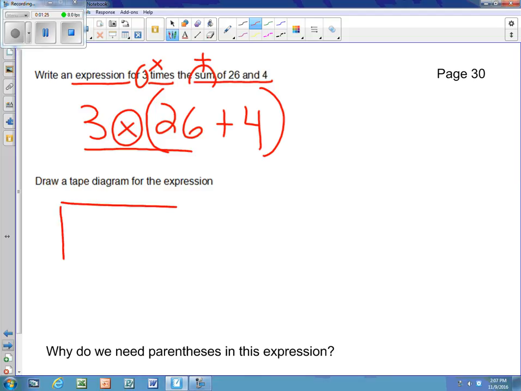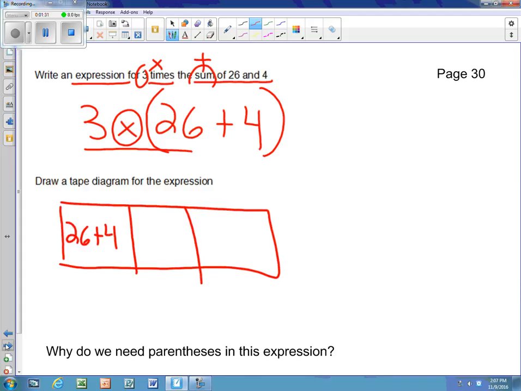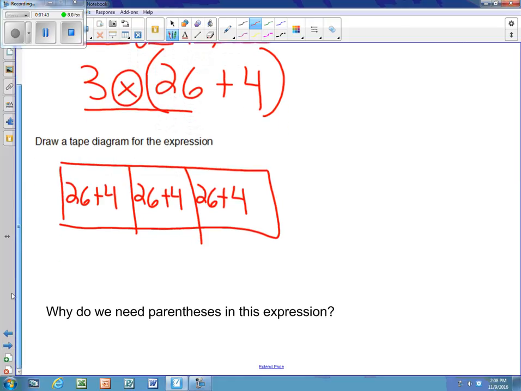And an example of a tape diagram for this, I'm going to split it into 3 sections. And I'm going to put the sum in each section because I'm doing 3 times that sum. But I'm actually writing the problem of 26 plus 4 instead of writing the sum. And why do we need parentheses in this?